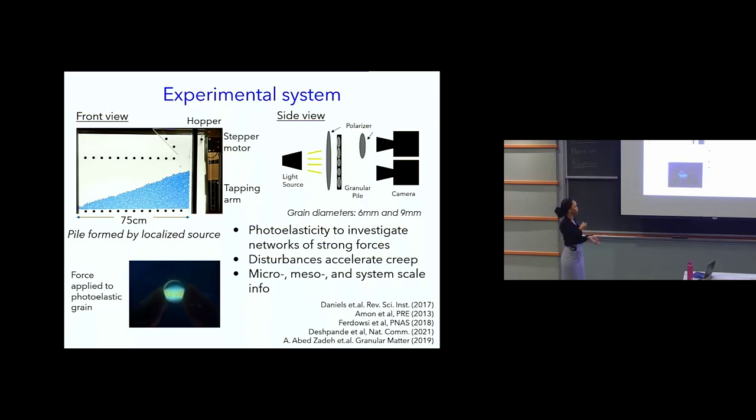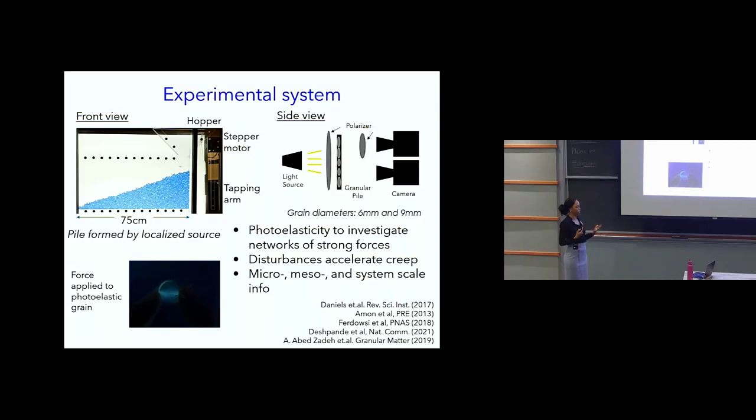So we record our experiment using two cameras that are simultaneously taking images of our pile during the experimental run. One is viewing through cross polarizers so that we can get force information, and the other is viewing without a polarizer, giving us images with unpolarized light that we can then use to track each of the grains' positions and learn more about the displacements in the granular system.